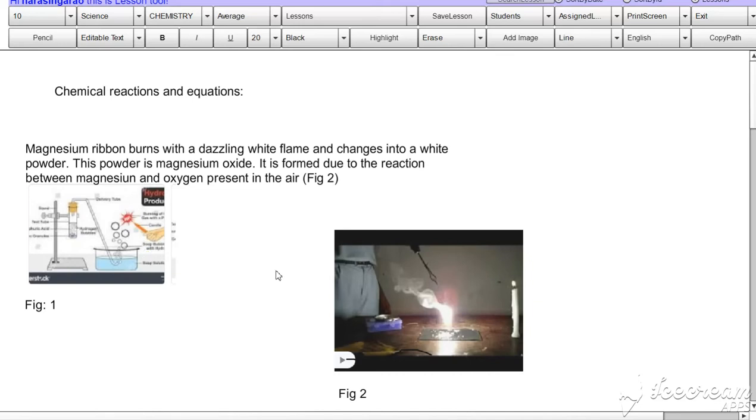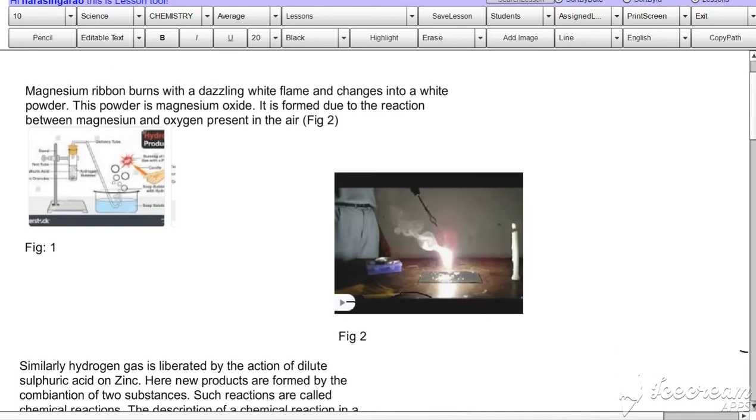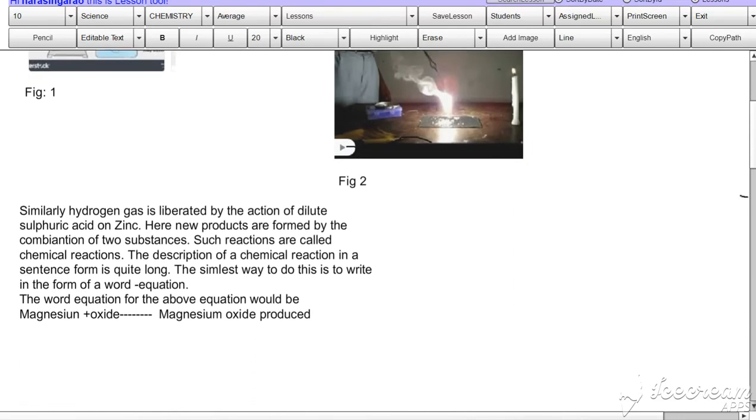So in these two reactions, we have seen that a new product is formed. Hydrogen gas is liberated by the action of dilute sulfuric acid on zinc. Here, new products are formed by the combination of two substances. Such reactions are called chemical reactions.